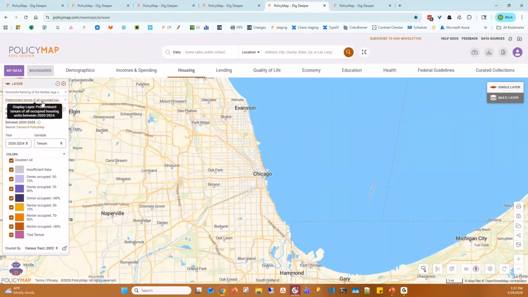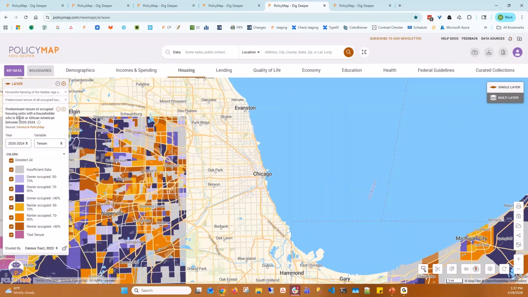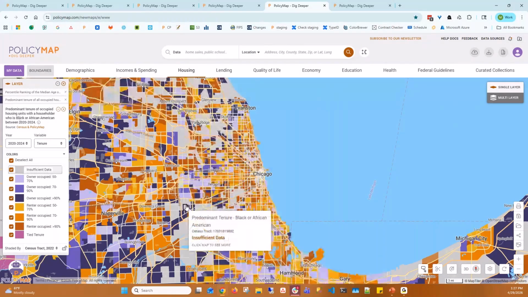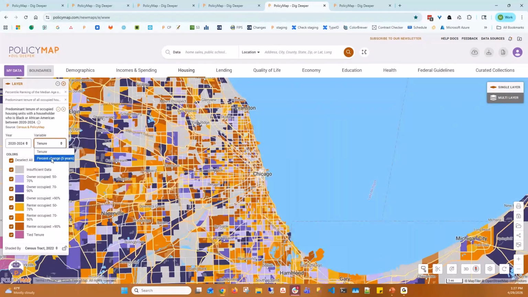When we disaggregate by race, understanding the predominant tenure of occupied houses within householders who are Black or African American, Chicago is an interesting city to explore, especially when looking at the percent change.